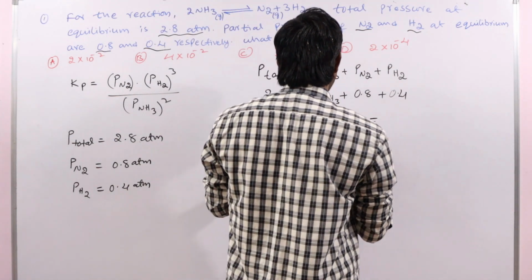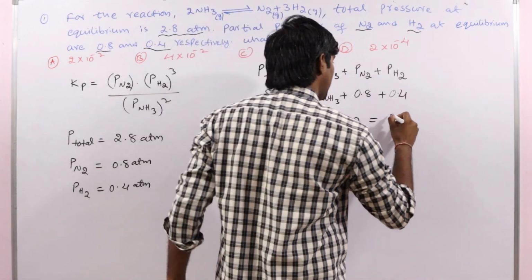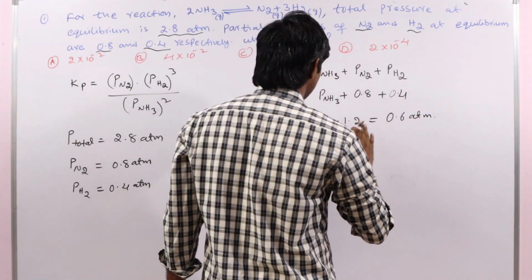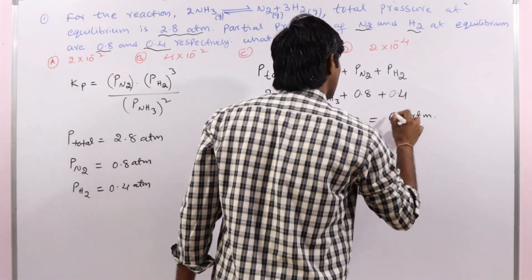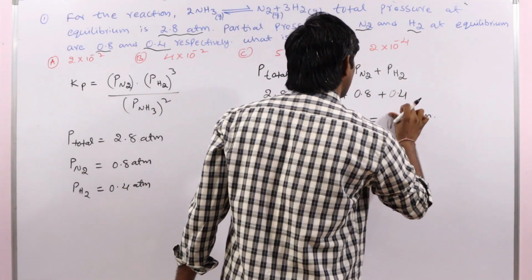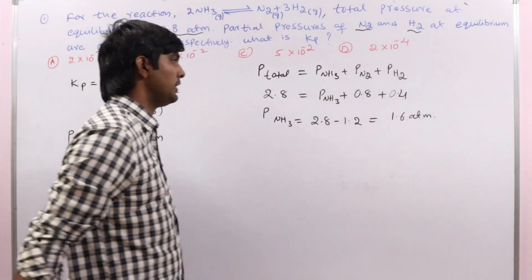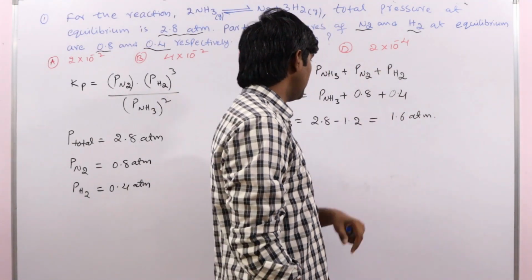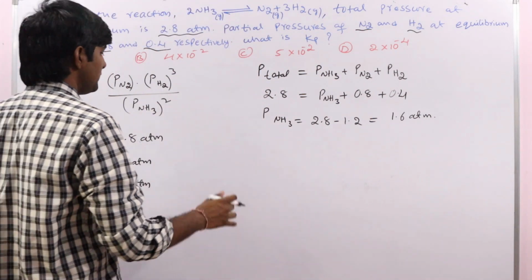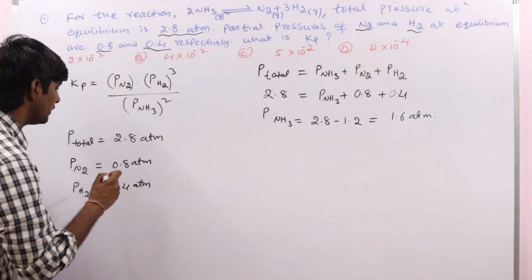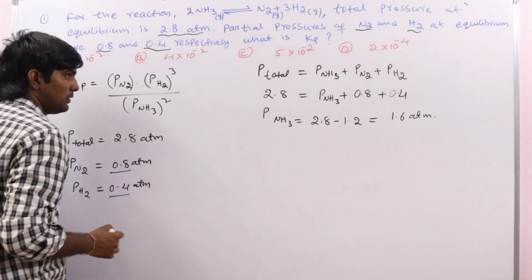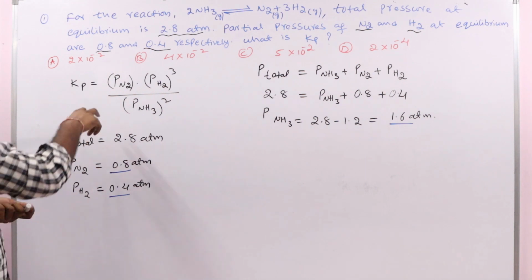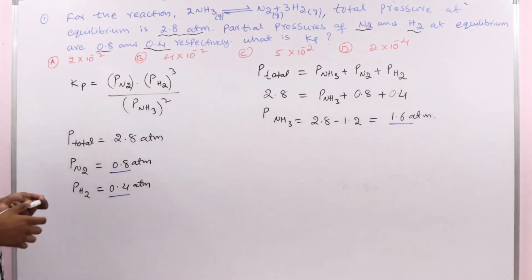So 2.8 minus 1.2 is equal to, sorry, 1.6 atmosphere. So partial pressure of NH3 is 1.6 atmosphere. Now let us substitute these values, 0.8, 0.4 and 1.6 atmosphere, in their respective positions in the Kp expression.